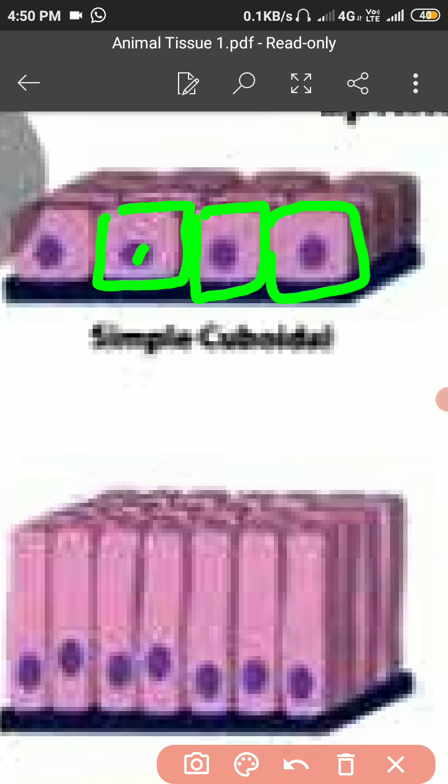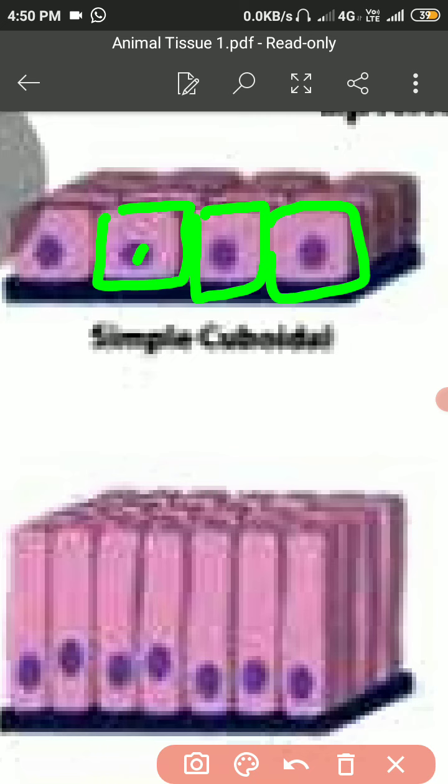They are found in different organs. My dear student, as you know, this type of epithelial tissue is found as the surface covering of the different organs and externally. It may be found just beneath the surface and in the organ also.